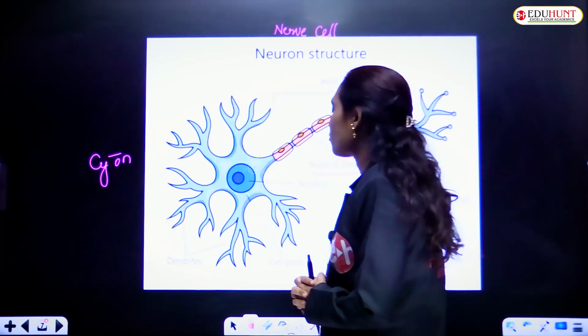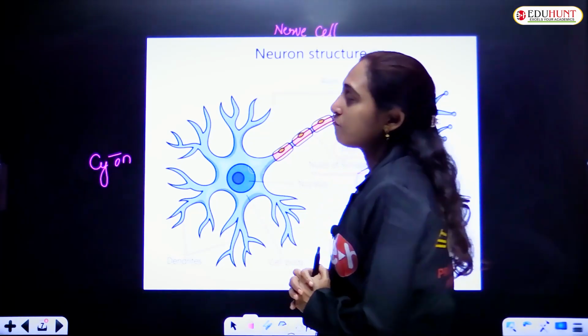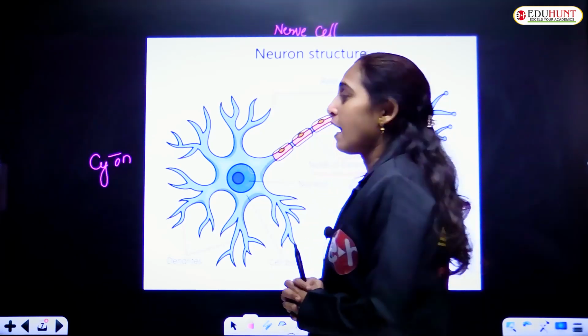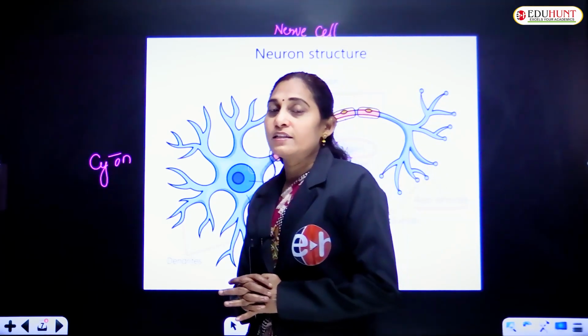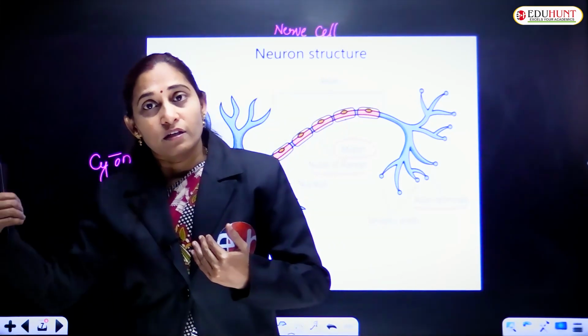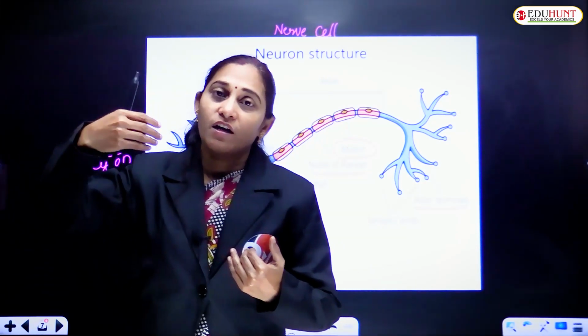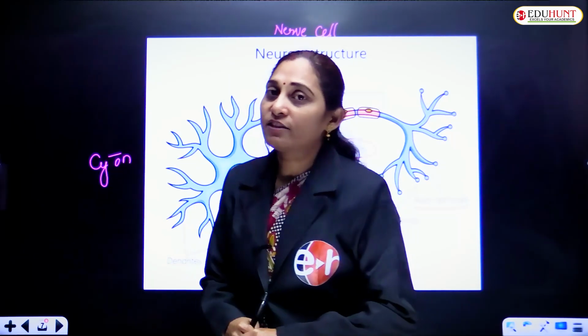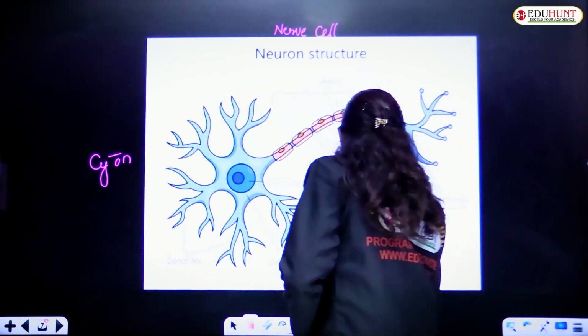The axon terminates in fibers called axon terminals, and these have a connection with the dendrites of the succeeding neuron, and the junction is called the synapse.